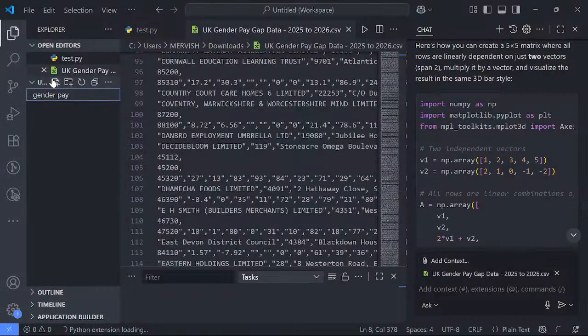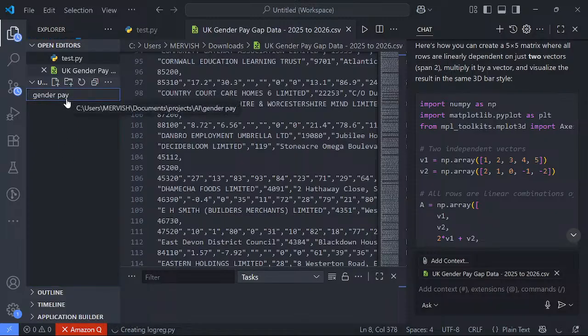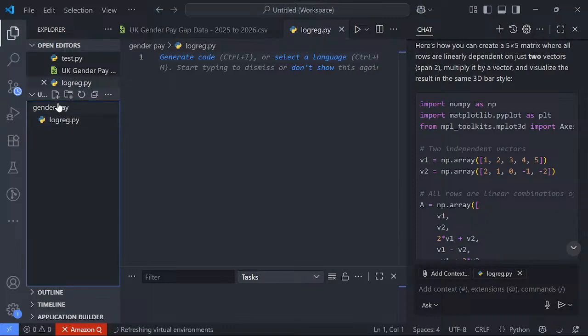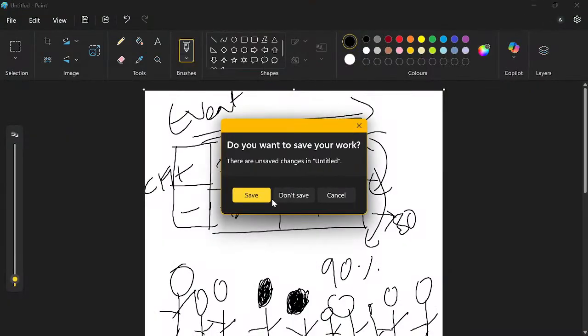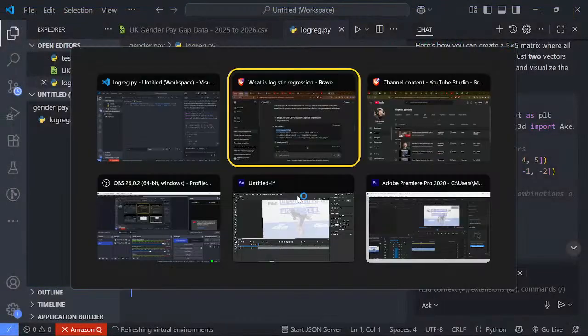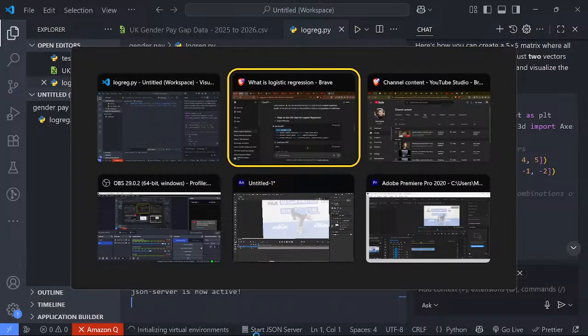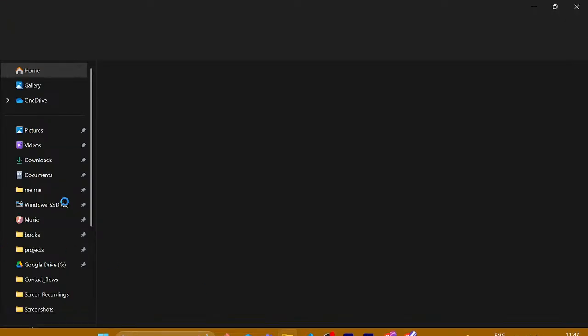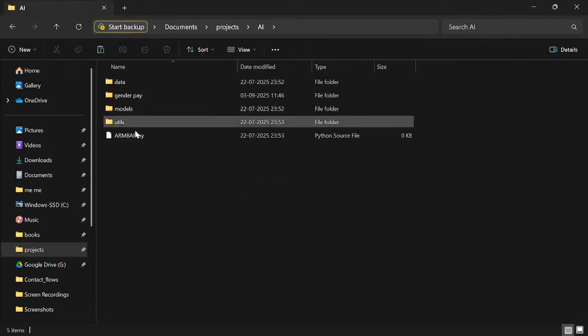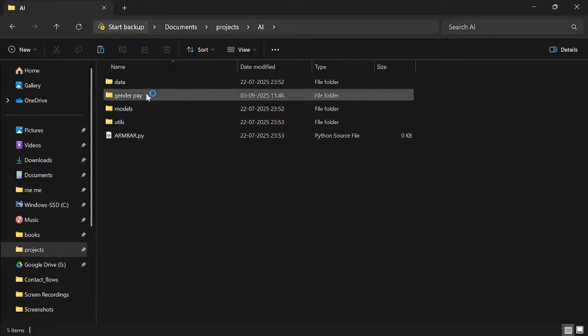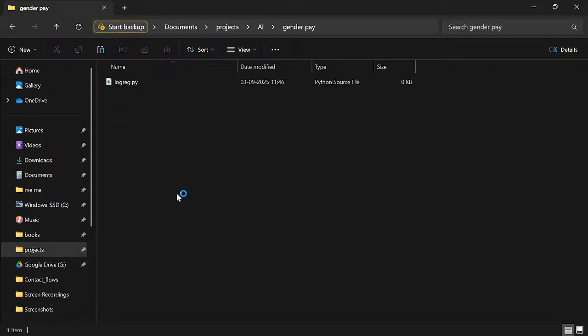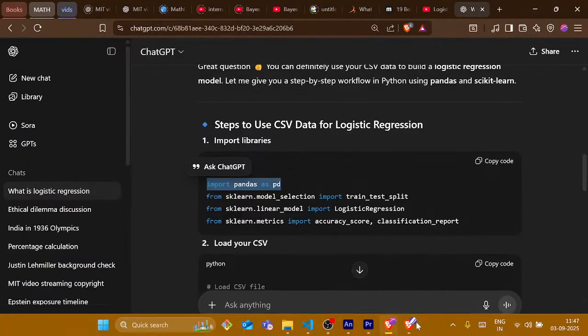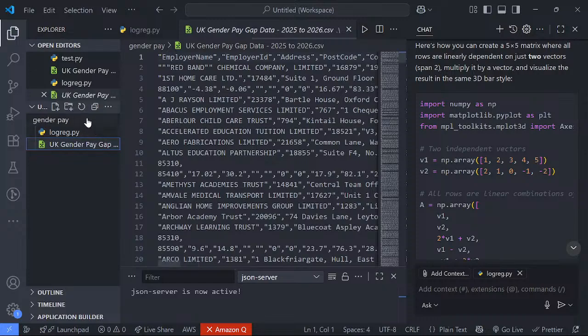I'll name it logistic regret.py. Okay. Can I delete this? Okay. And I want to import... I hate Windows so much. What am I even looking at? Yeah, I think I should delete my. Finally, took so long.